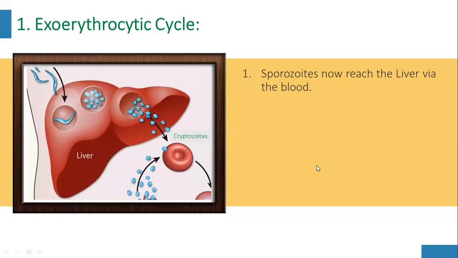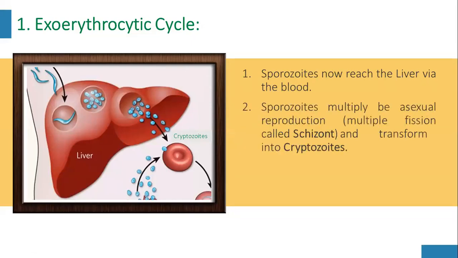Sporozoites now reach the liver via the blood. The female Anopheles mosquito, which had the sporozoites, when it bites a normal human being, adds sporozoites in thousands into the human blood, through which they travel to the liver. Sporozoites now multiply by asexual reproduction.